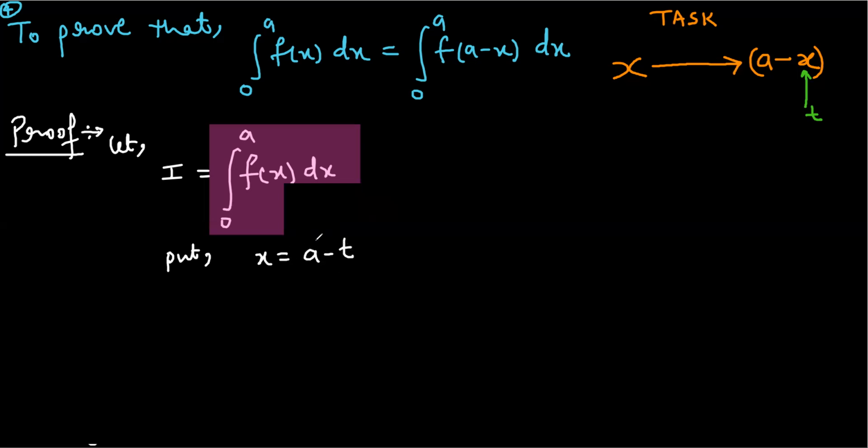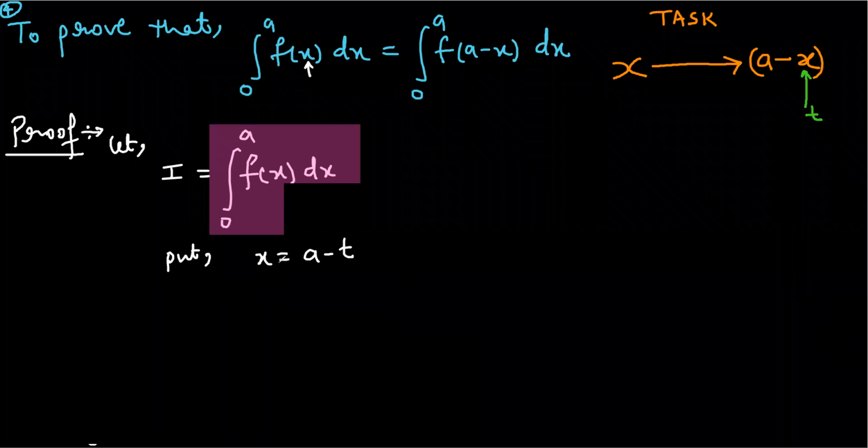I just told you, students, I asked myself that somehow this x should be changed into a minus x, and on the goal side I replace x by t. So this becomes a minus t, and that is my substitution. So I put x as a minus t.